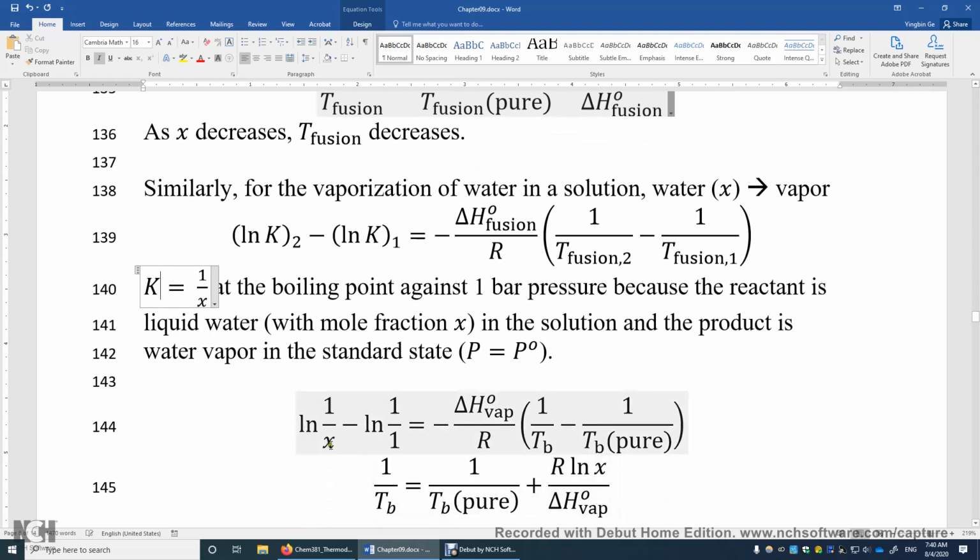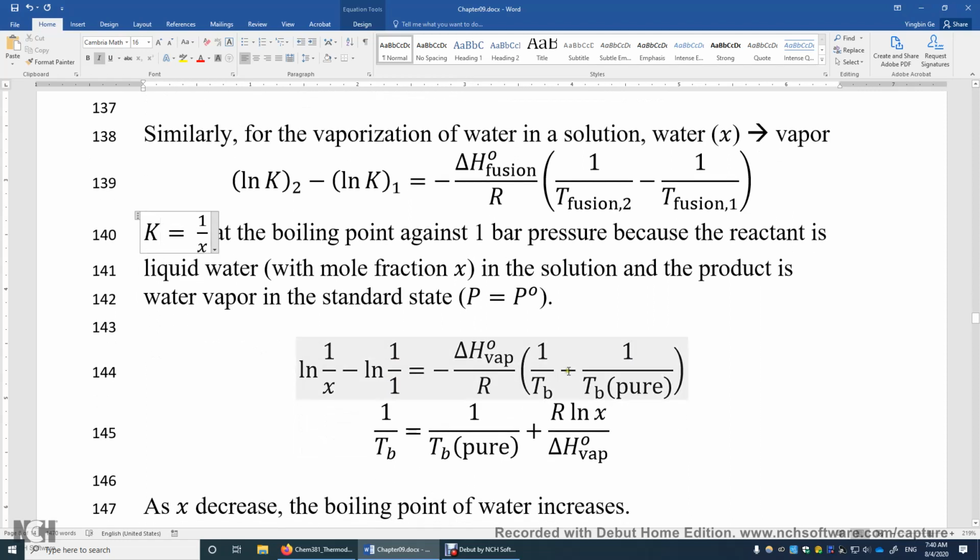So we plug in 1 over X, and we need a reference. We need a baseline. The baseline is pure water. For pure water, we have K equal to 1. And this is the boiling point for pure water. So again, you just need to know the boiling point of pure water, 373 K over here. You need to know the enthalpy of vaporization for water, 40.65 kilojoules per mole.